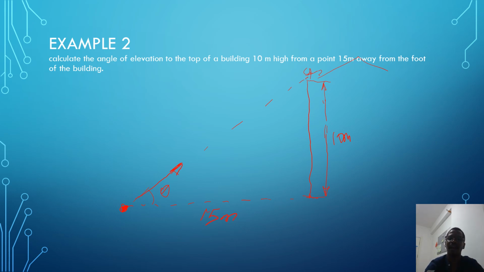So in this case, that building we assume would be vertical, perpendicular to the ground. So that one is 90 degrees. So we can apply trigonometry in this one to find that angle of elevation, to find the position at which we can position our gun, to find the position at which we can launch our missile. You see in wars, some countries are able to launch missiles like from Russia to Ukraine.